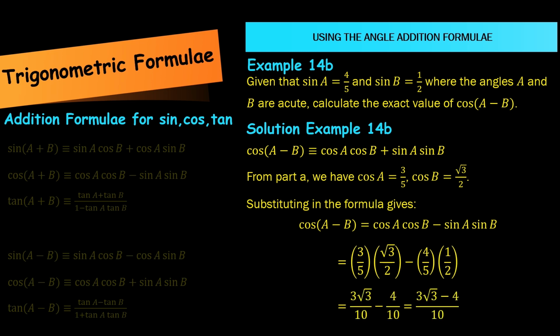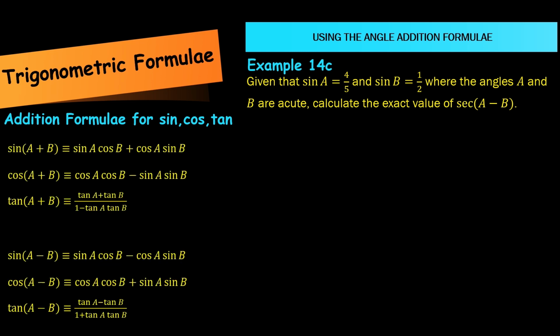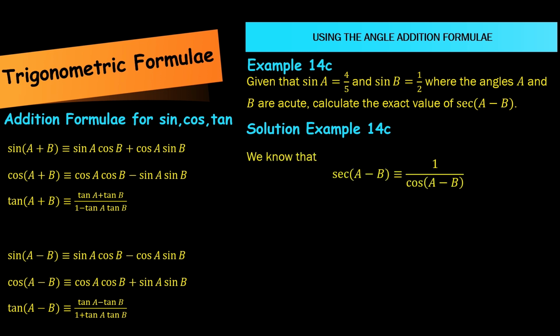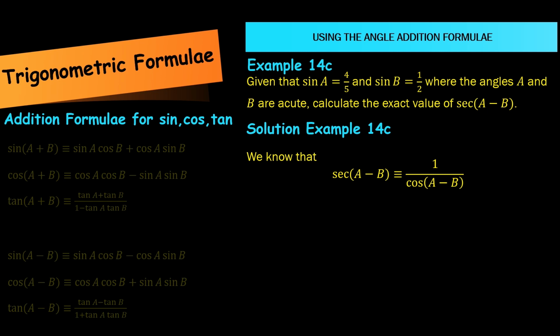Given that sine A equals 4 over 5 and sine B equals 1 over 2, where the angles A and B are acute, calculate the exact value of sec(A − B). So let's solve this. We know that sec(A − B) is identical to 1 over cos(A − B).